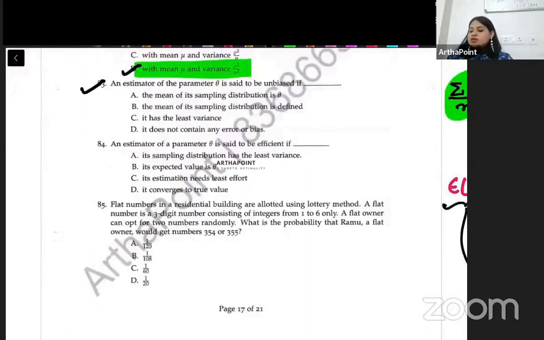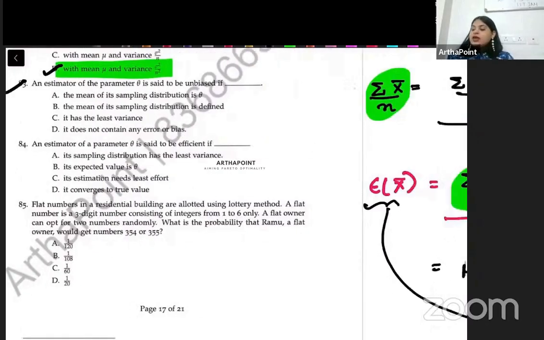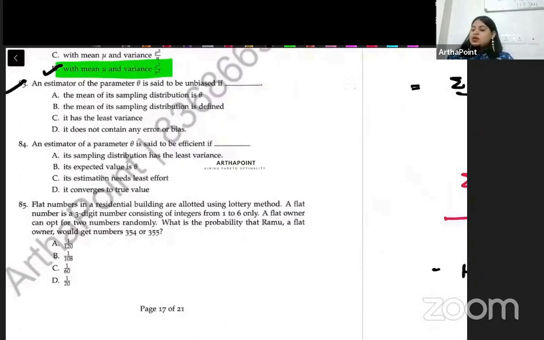An estimator of a parameter theta is said to be unbiased if the mean of the sampling distribution is equal to theta.